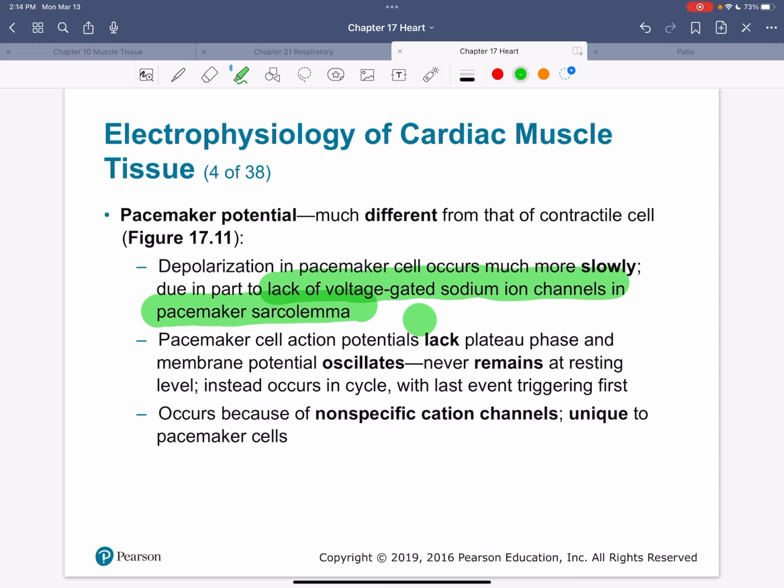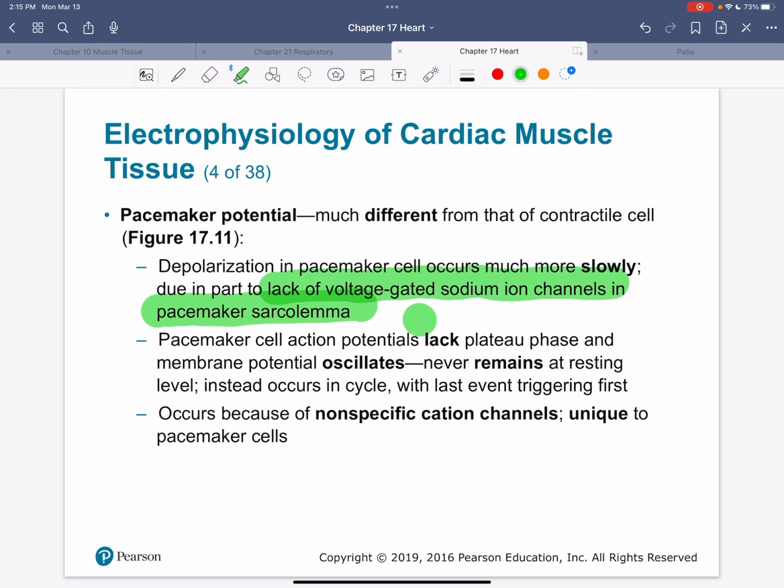So they don't have that huge number of sodium channels that we saw when we looked at something like an axon hillock. And the pacemaker cell's action potential lacks a plateau phase because the membrane potential keeps going back and forth and it never remains at resting level.